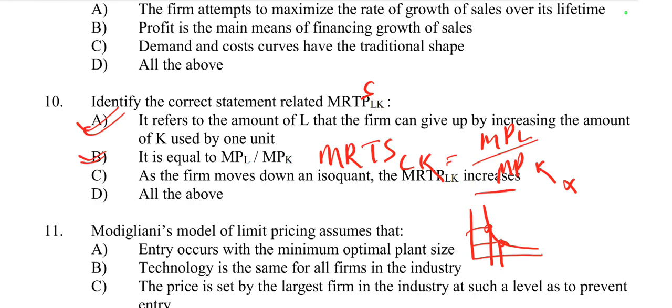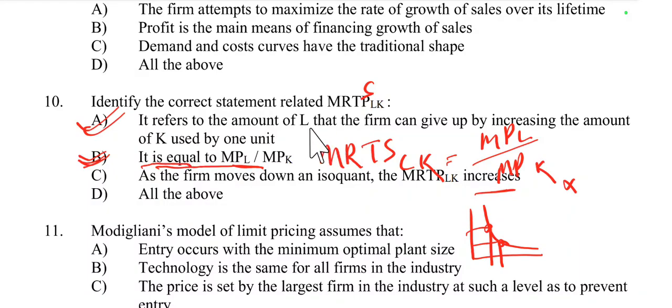According to MRTS, B is right. We know the equation of MRTSLK is MPL by MPK. This is right. And option A is also right, because it refers to the amount of labor the firm can give up by increasing the amount of capital used by one unit. When we use more capital, we have to sacrifice units of labor.